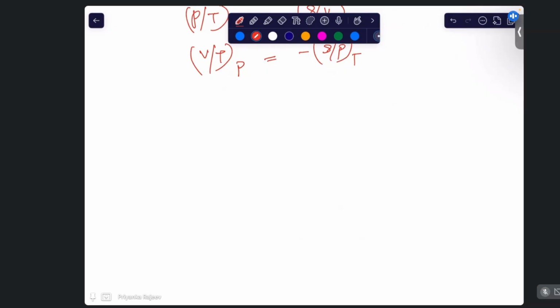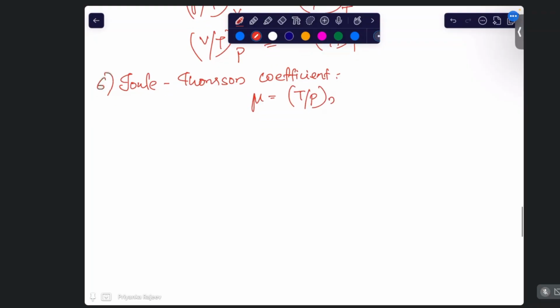Now, Joule-Thomson coefficient. So it is given by this equation, mu equal to (dT/dP) at constant enthalpy. So it is defined as the change in temperature with change in pressure, keeping enthalpy constant.